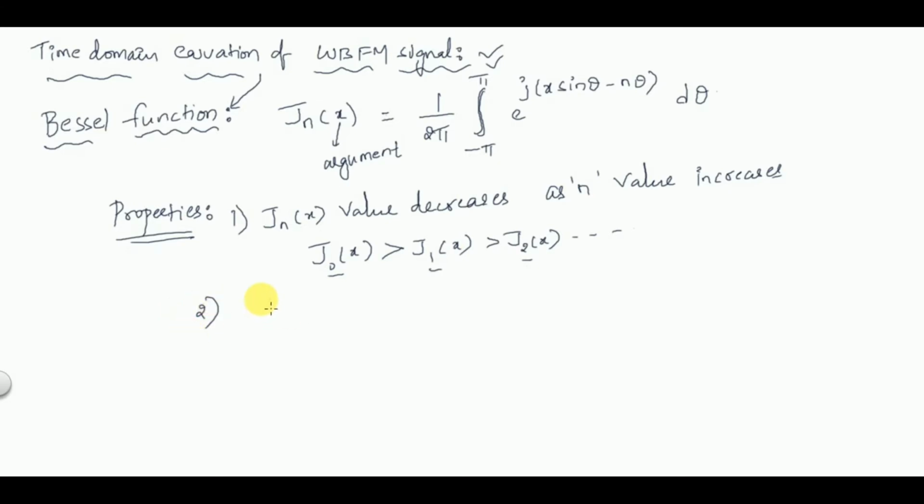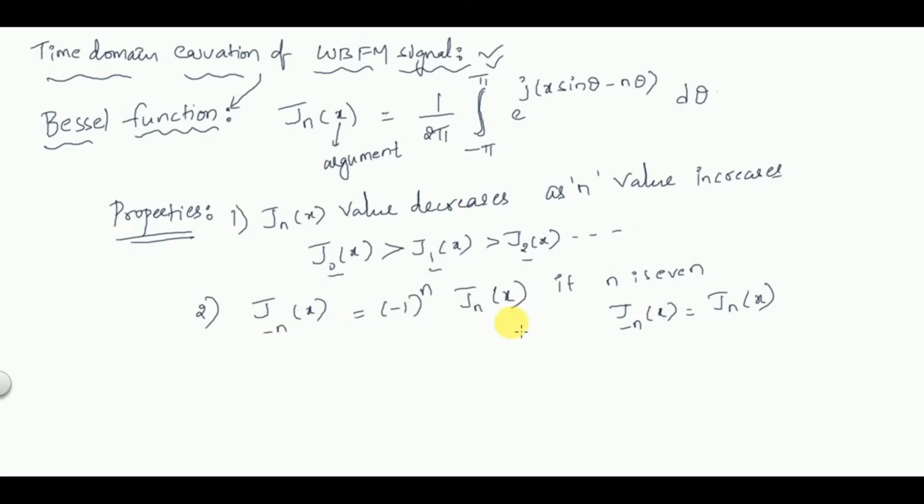The second point is J minus n of x is equal to minus 1 whole power n into Jn of x. This is the second property of the Bessel function, for negative Bessel coefficients. If n is even, then J minus n of x is equal to Jn of x, because minus 1 whole power 2 or minus 1 whole power 4, everything will become 1.